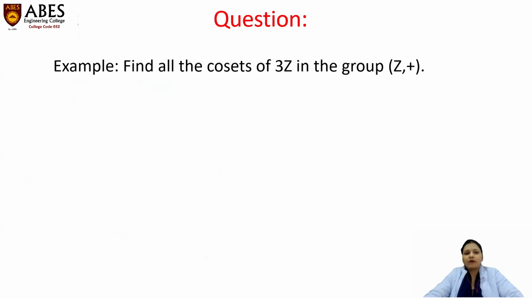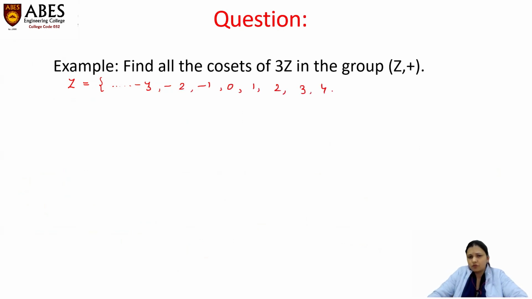Consider another example. Find all the cosets of 3Z in the group Z under addition. This question is similar to the previous question. Here the set in the group is the same as we have seen previously. It is the set of integers: -3, -2, -1, 0, 1, 2, 3, 4.